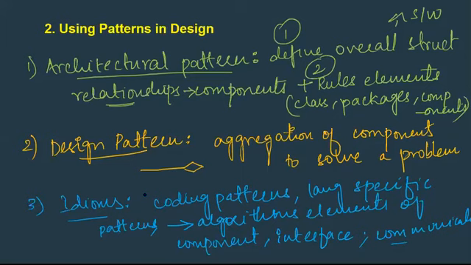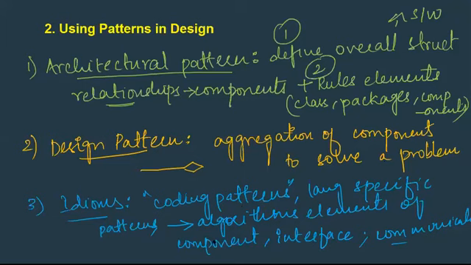Idioms are coding patterns. These are based upon language specific patterns, like you have C packages, you've got Java, and for different languages you've got different algorithms. The entire code is different for each and every language. These patterns are going to implement algorithmic elements of a component.